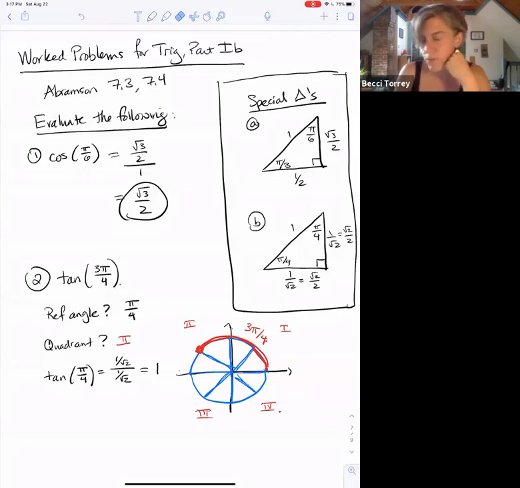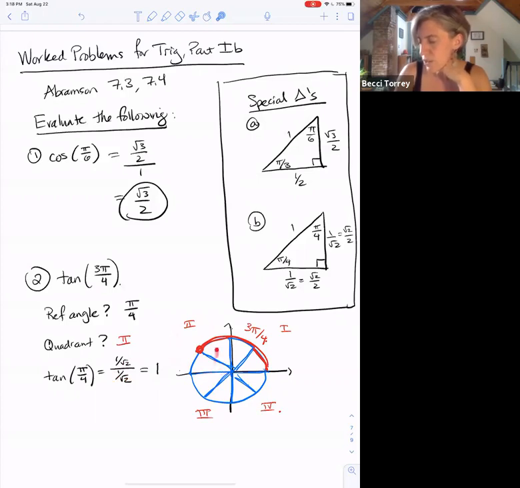So the 1 over square root of 2 is the y value, right, is sine over cosine. So the one on top is the y value, right? And so the y value here is above the x-axis, so it's positive, so that's fine. But when you divide by cosine, for tangent of 3 pi over 4, the x value is negative. So a positive divided by a negative is going to give us a negative.